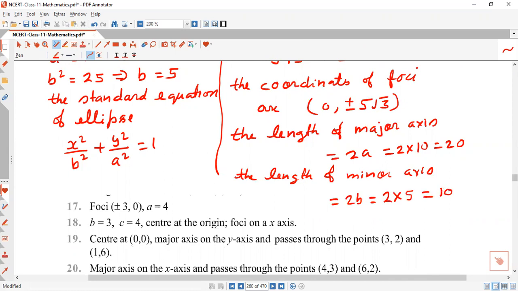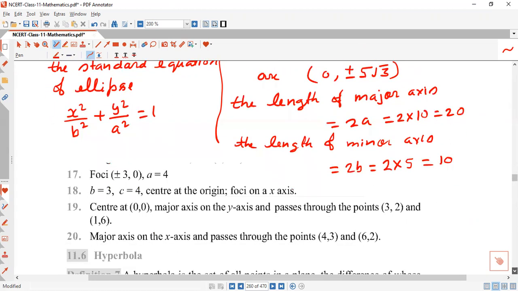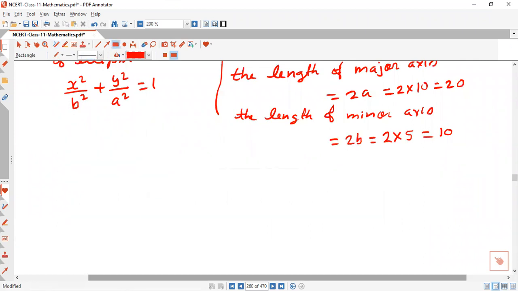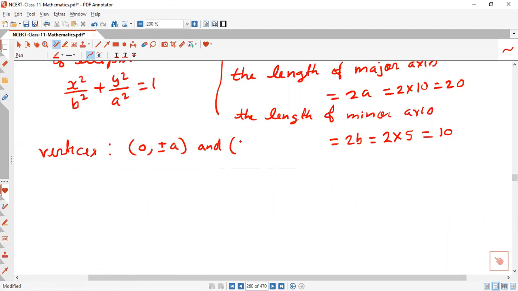Now, we have to find out the vertices. There are 4 vertices here. So vertices are 0 comma plus minus a, because the a lies below the y-axis term, and plus minus b comma 0.